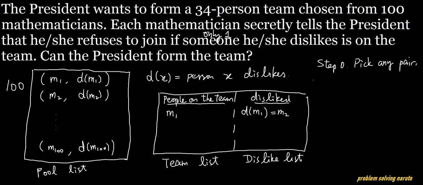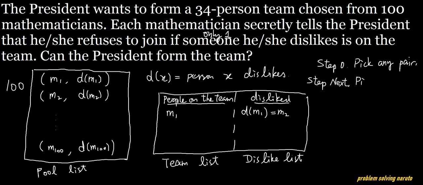So the next step, let's just continue putting people here, but with the requirement that first of all, this person cannot appear here, and secondly, this person cannot appear here.